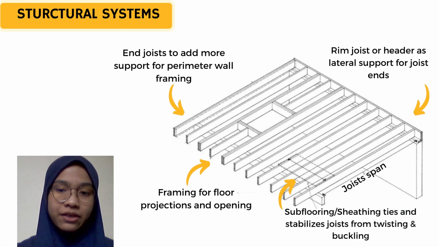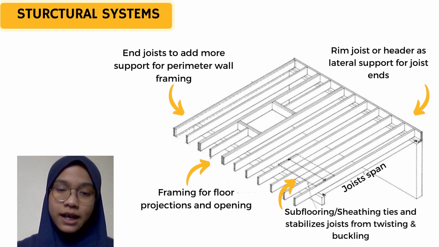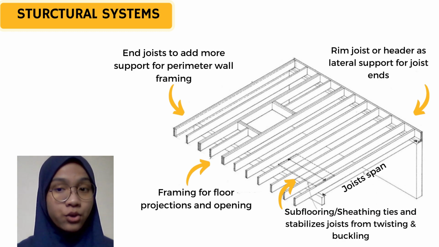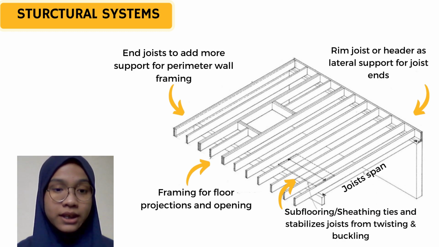The subflooring, sheathing and ties help to stabilize the joist from twisting or buckling. So the subflooring will be put on top of the floor joist, and you will have a more secure flooring system. And the rim of the joist, also known as header, is a lateral support for the joist end.